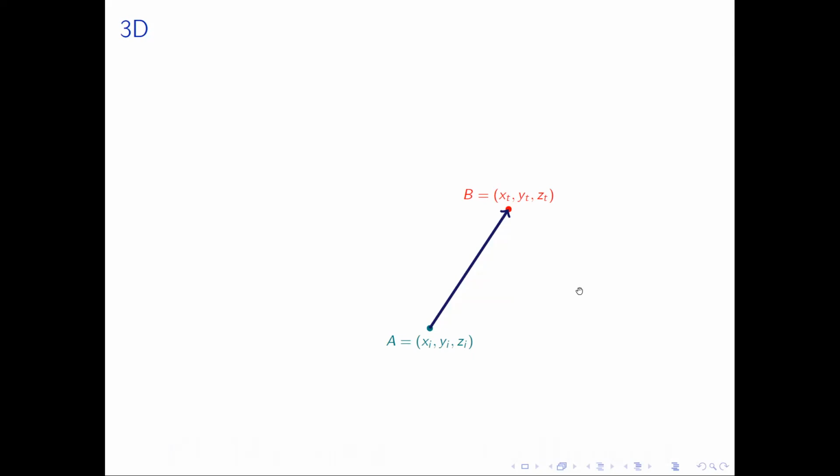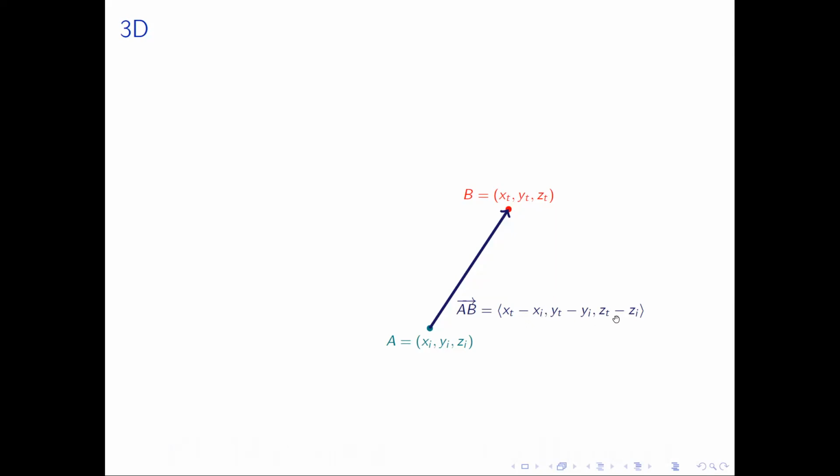Now, basically the travel of this vector in the x direction, y direction, and then in z direction is found by the difference between the components of the terminal point and initial point.